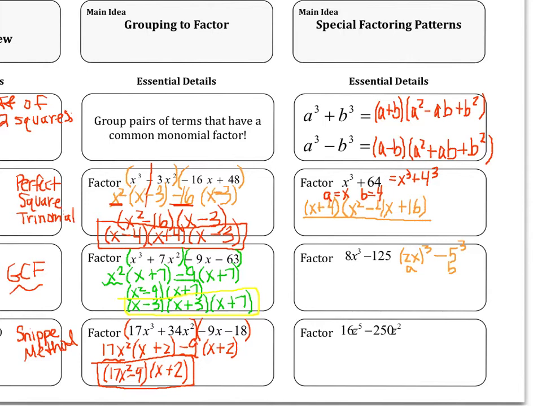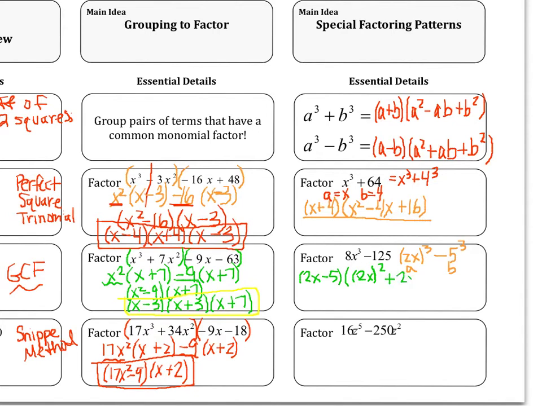So following the second pattern here, it's going to be a minus b, so a is 2x, b is 5, so it's 2x minus 5, times the quantity. Now I have a squared, so 2x squared, and then I have a plus a times b.